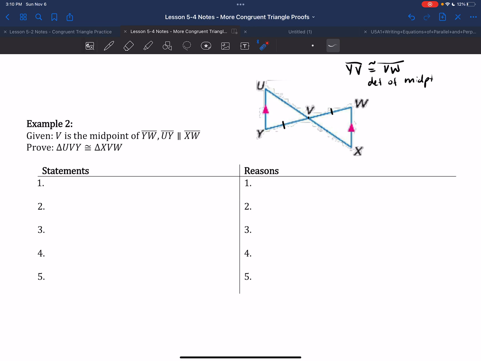Okay, the other thing that I noticed from the given is that segment UY is parallel to segment XW. Now, when I see parallel lines, that means that we're going to have alternate interior angles. Okay, and that's from unit 4. So let's go ahead and extend the lines. And the diagonals will be our transversals.